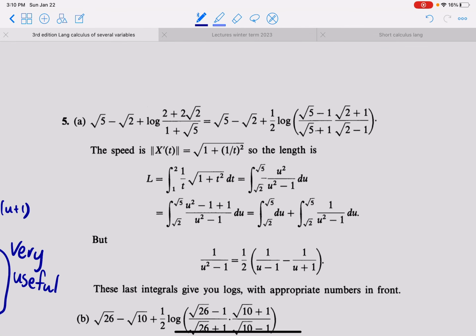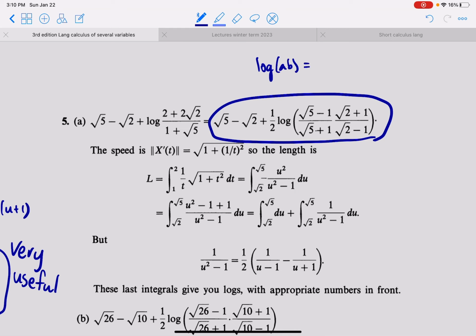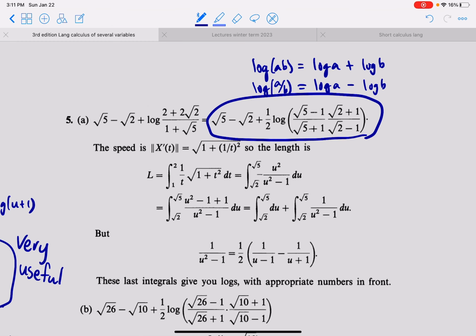Remember there's rules for log, so this looks right, because the log of a times b is the log of a plus the log of b. And so if you have a log of a minus a log of b, you can turn it into a log of a over b, and all these rules follow from the definition of log.